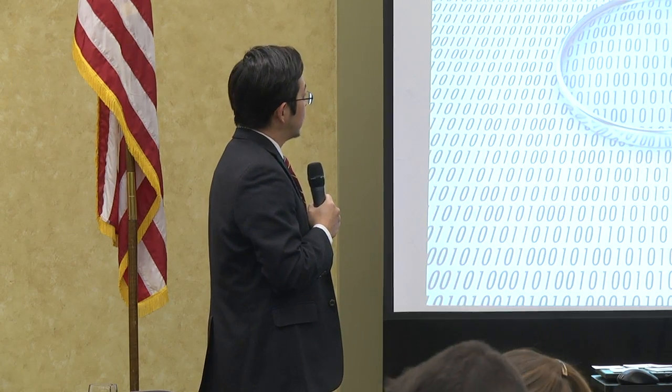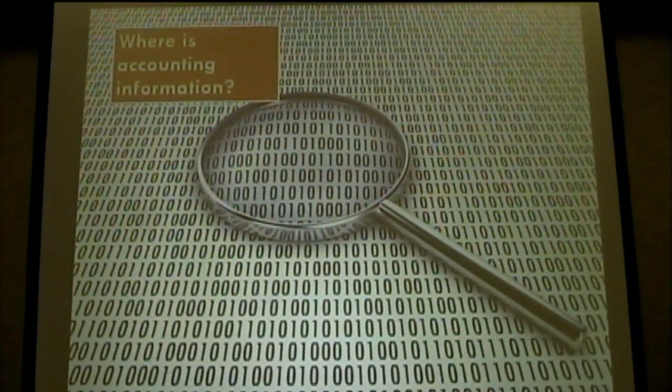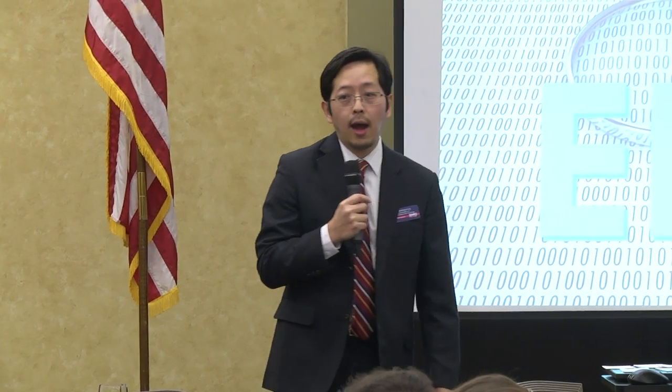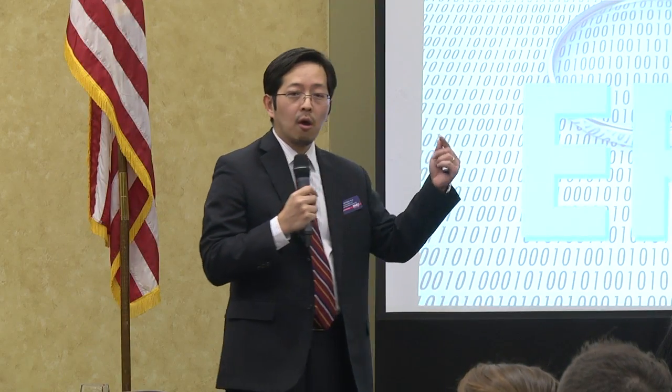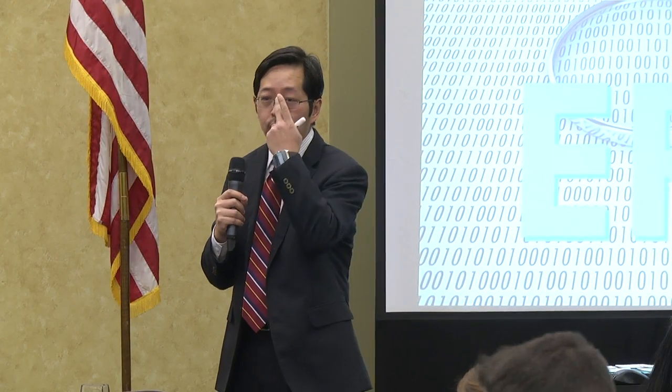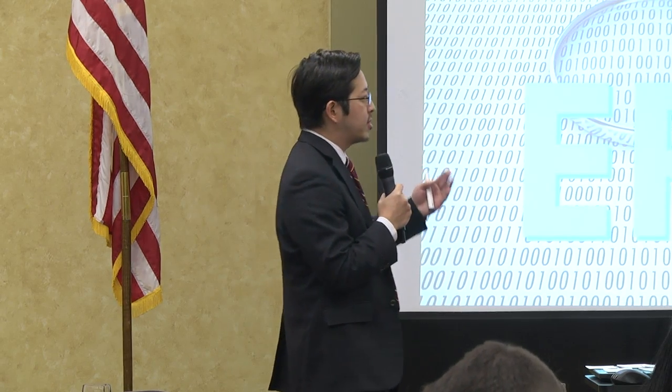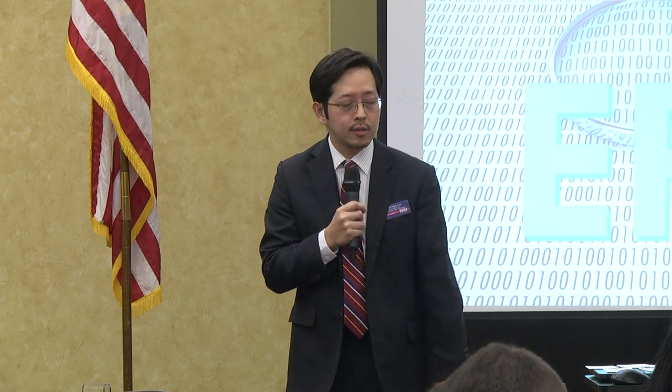So technologies evolve, but where do we find accounting data? Where do we find accounting information? Accounting information in modern day systems, you find that in the ERP system. What is an ERP? ERP is simply to use computer technologies to link all business functions, all business systems together, so you have one central location of business data, and it provides access to everybody in the organization.